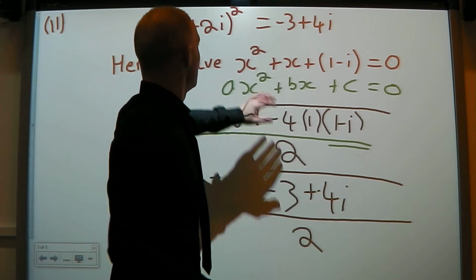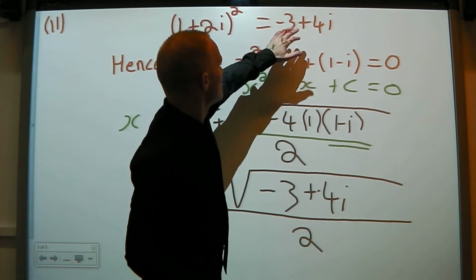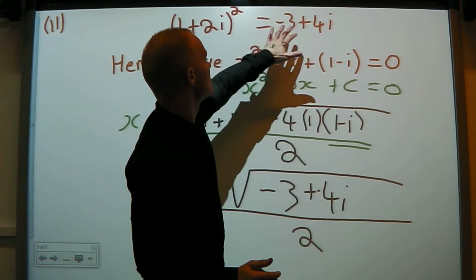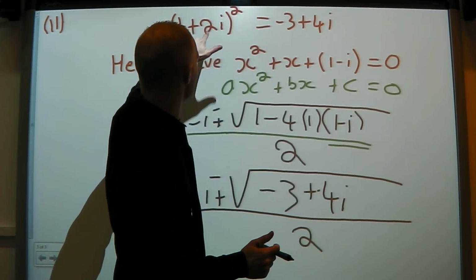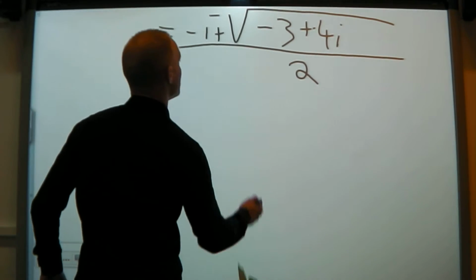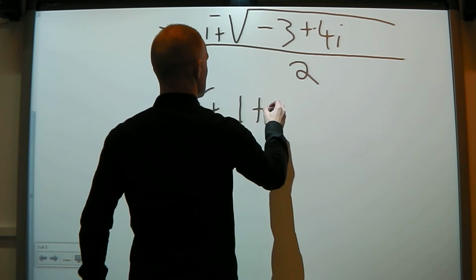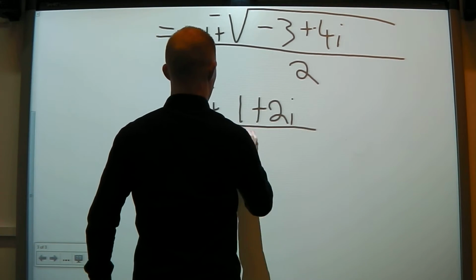So then we know that if we square root both sides here, negative 3 plus 4i is equal to 1 plus 2i once we take the square root of both sides. So that means the square root of this term here is equal to 1 plus 2i. So write that down: minus 1 plus or minus 1 plus 2i, all over 2.